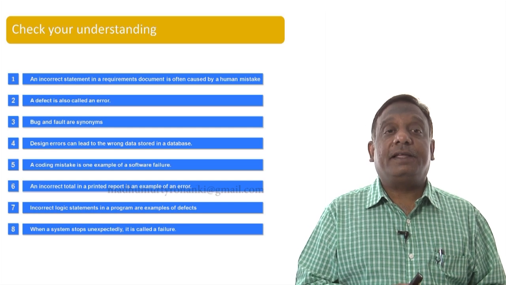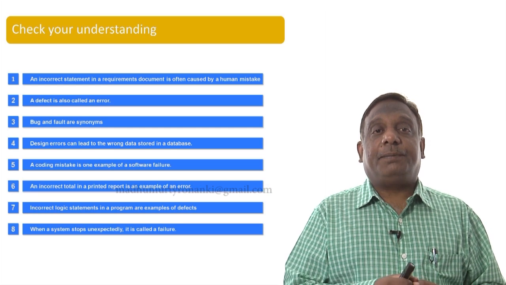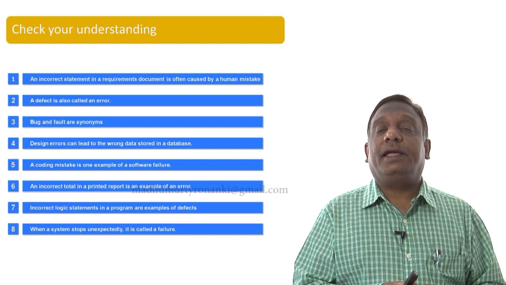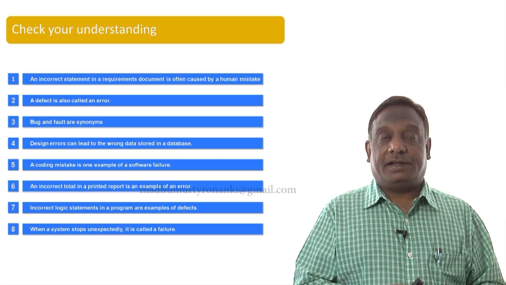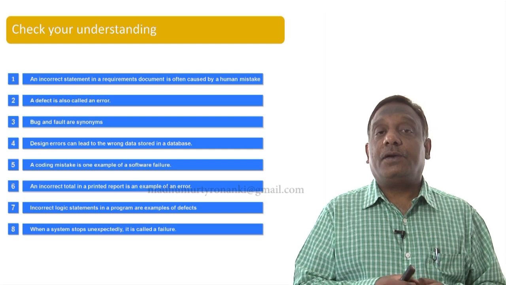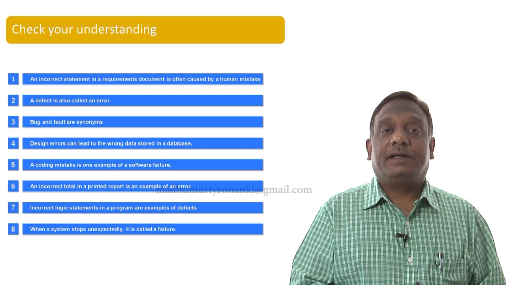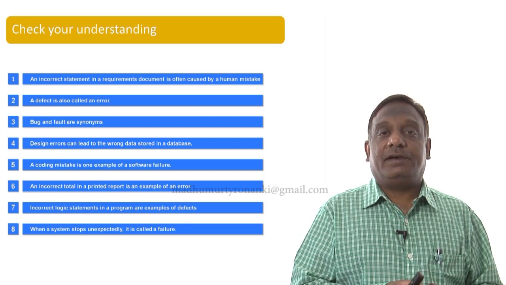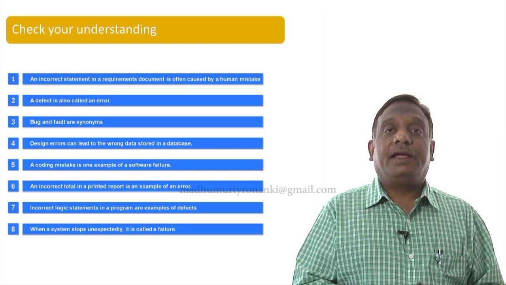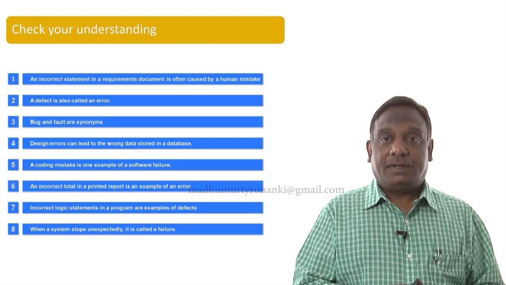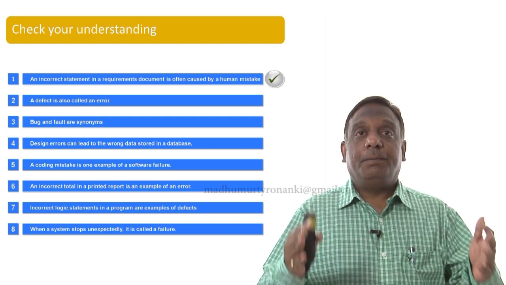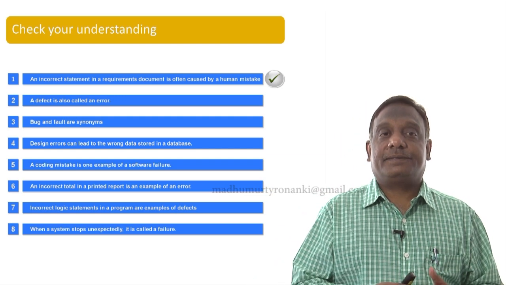The first statement: an incorrect statement in a requirements document is often caused by a human mistake. Yes or no? Yes, it is a correct statement. That is how we define mistakes or errors.